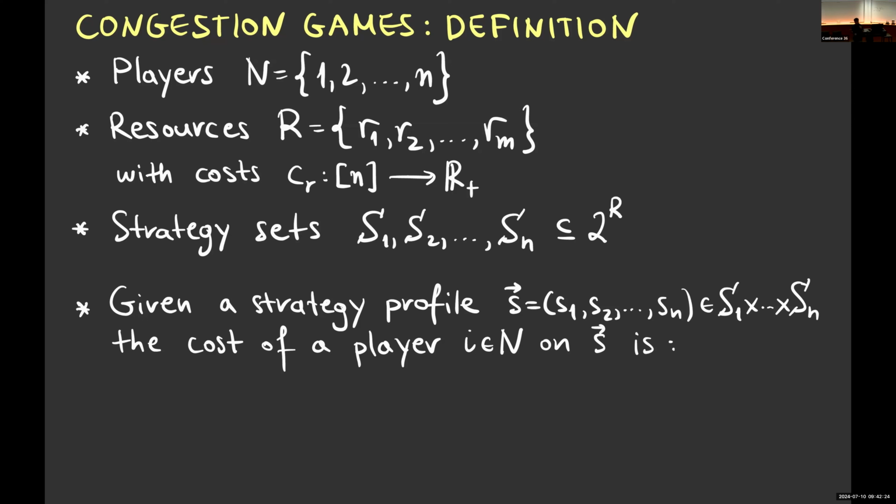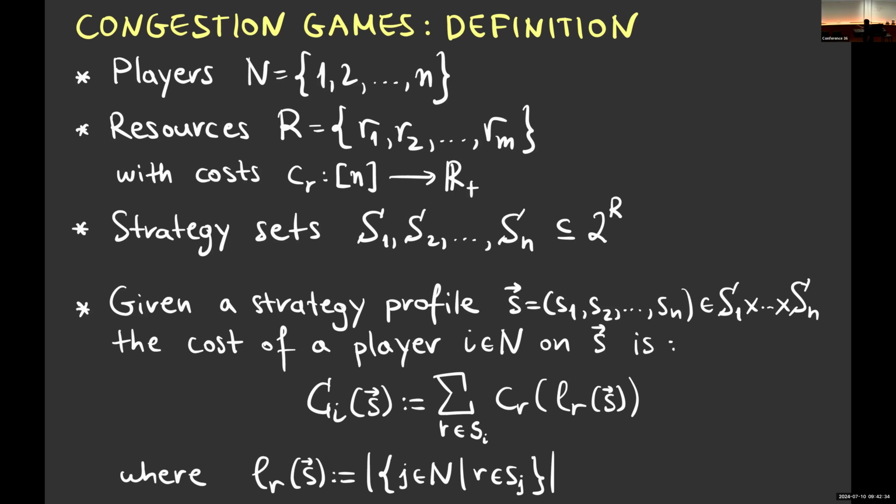A strategy profile. It's just a collection of strategies, one strategy for each player. This is an outcome, a state of the game. And given such an outcome, what is the cost that each player is experiencing? As I said, the cost of player i, we just sum over all the resources that the player is playing, which are in S_i. And then you evaluate the cost function on the load on this resource, which is how many players are playing this resource.